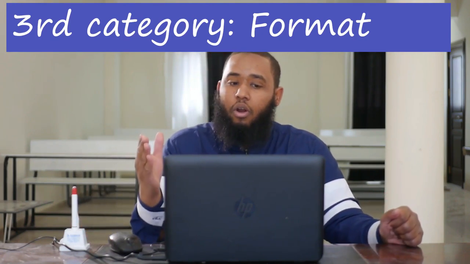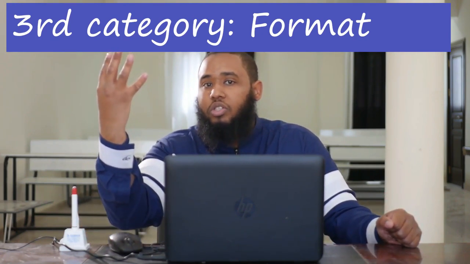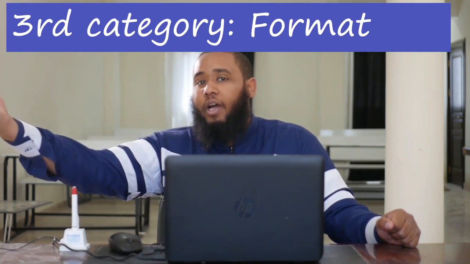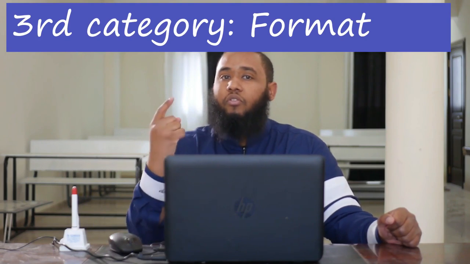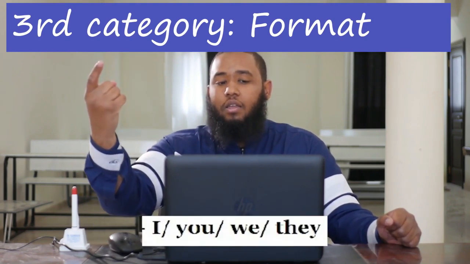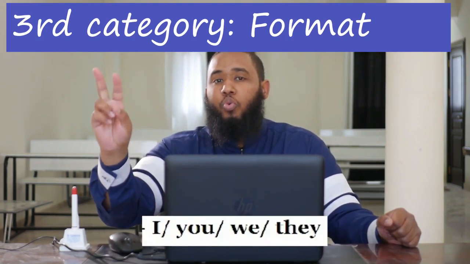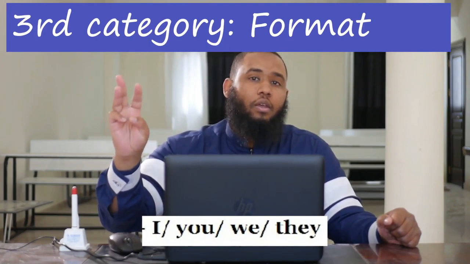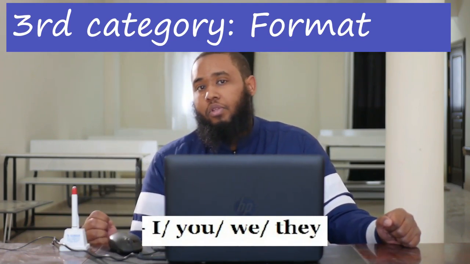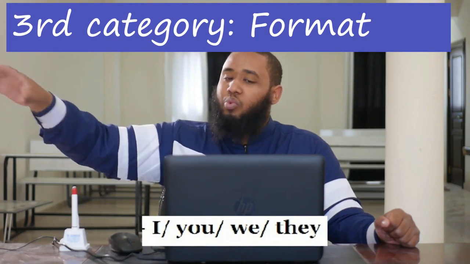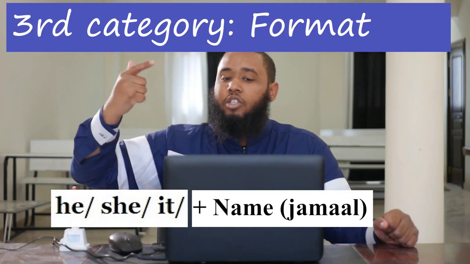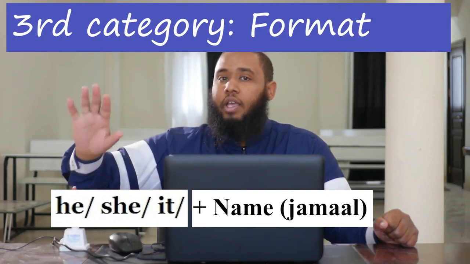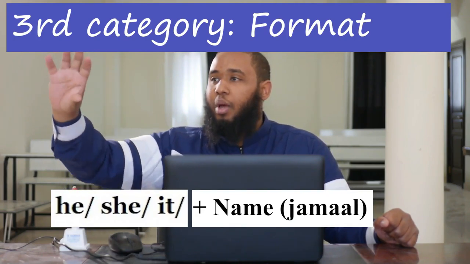The first category has 4 words. The second category has 4 words. The first category, it's whenever you're using the words I, you, we, or they. And the second category is whenever you're using the words he, she, it, or somebody's name.